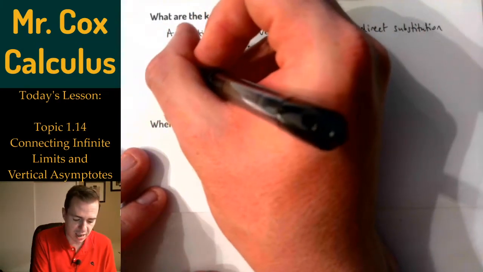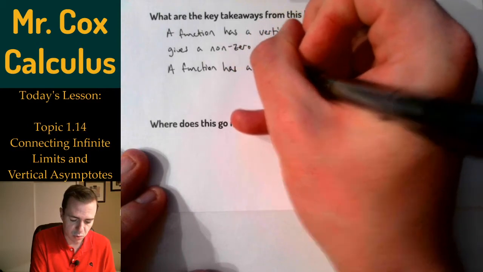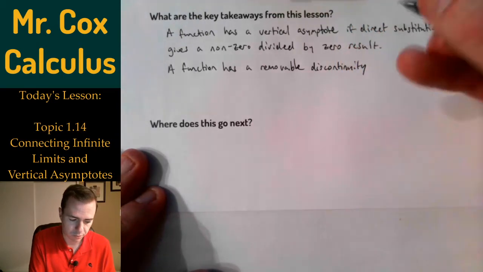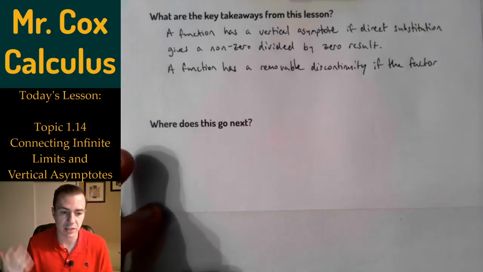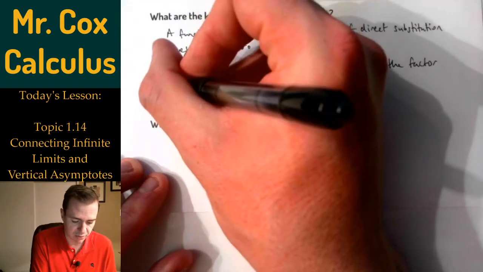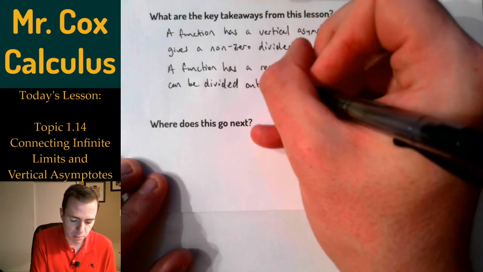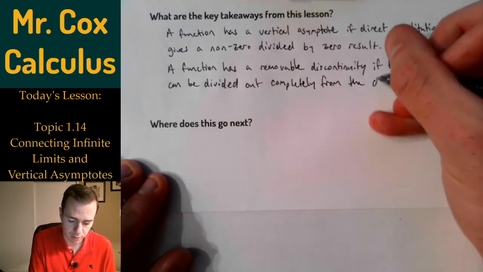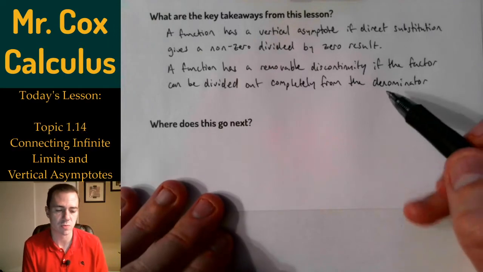We also looked at how we can analyze the difference between an asymptote, and we could also tell that a function has a removable discontinuity if the factor that's in the denominator that's making this function equal where you're trying to divide by 0, but if that factor can be divided out completely from the denominator, meaning that the similar factor is also in the numerator, normally is what that means.